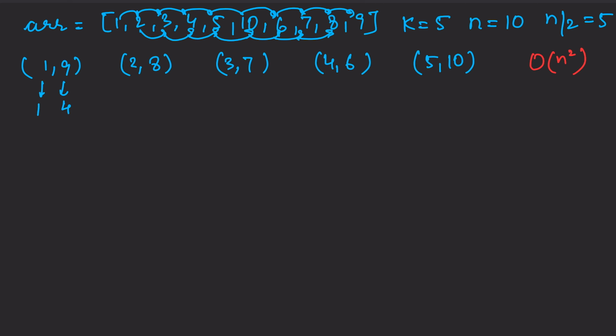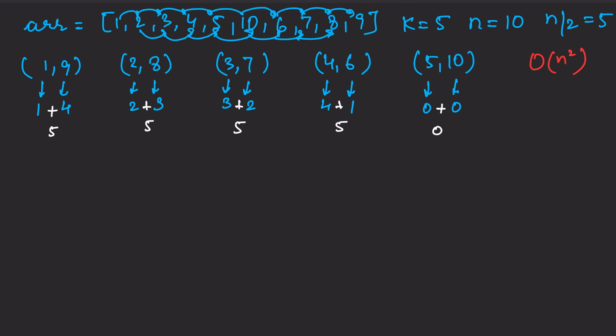For 9, we get 4, 2, 3, 3, 2, 4, 1, 0, 0. Now, if you look at it carefully, you will notice that whenever you sum these remainders for a pair, you get it equal to k, except for the condition whenever you're getting 0 as remainder.